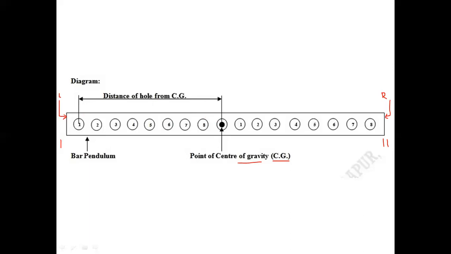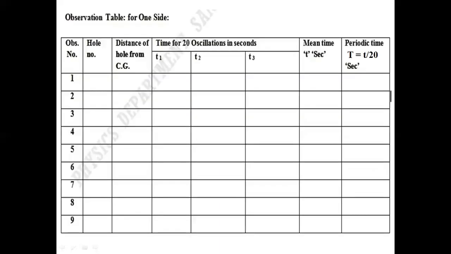With respect to the center, as denoted in this diagram, from the central hole to the first hole on the first side, find out or measure the distance between the first hole and the hole of CG, that is the center of gravity of the bar pendulum.